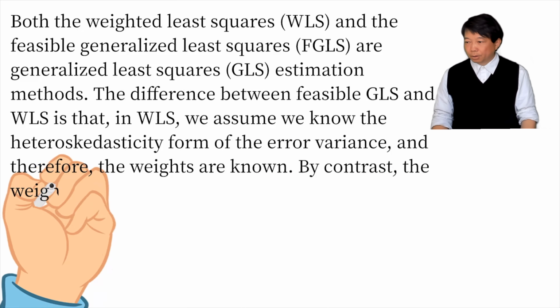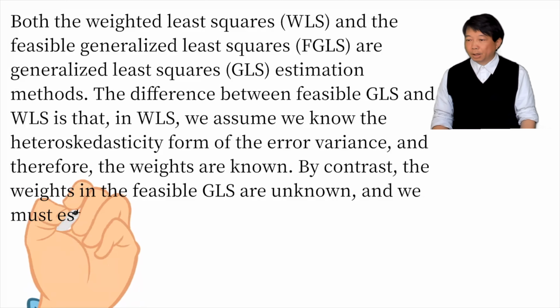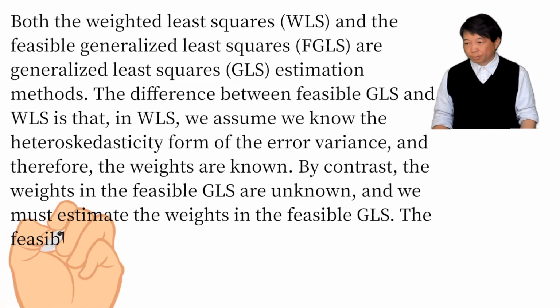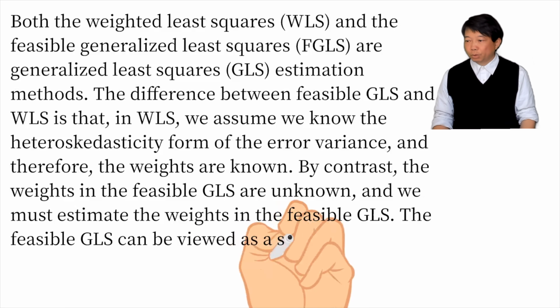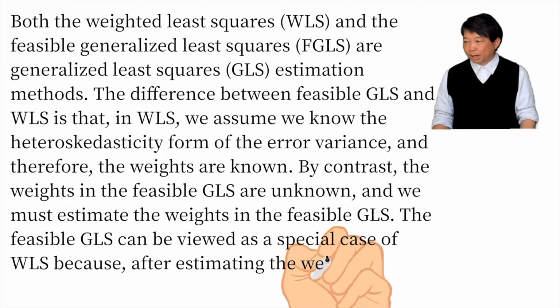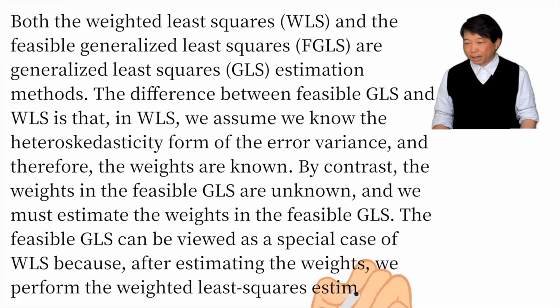By contrast, the weights in the feasible GLS are unknown, and we must estimate them. The feasible GLS can be viewed as a special case of WLS because after estimating the weights, we perform the weighted least squares estimation.